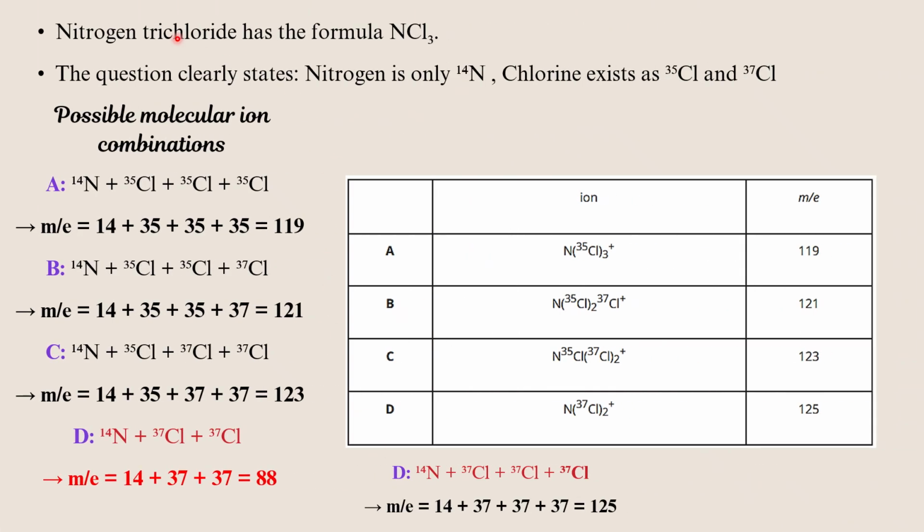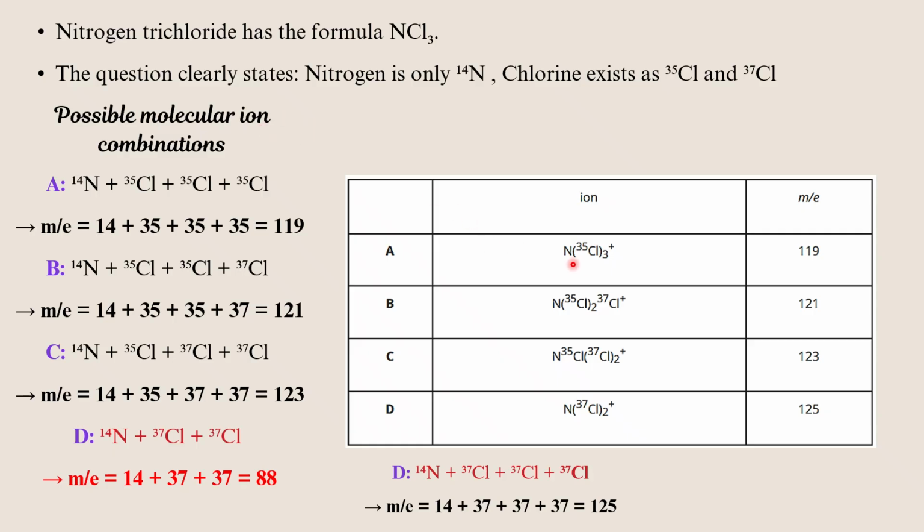In the question, the molecular formula for nitrogen trichloride is NCl3, and it is clearly stated that nitrogen is only nitrogen-14 and chlorine exists as chlorine-35 and chlorine-37, these two isotopes. So let us check all possible molecular ion combinations.